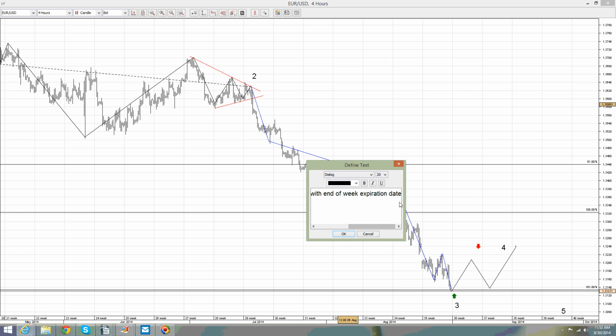And of course I would like to go and buy put options by the time the gap is closed with end of week, of course, expiration date.